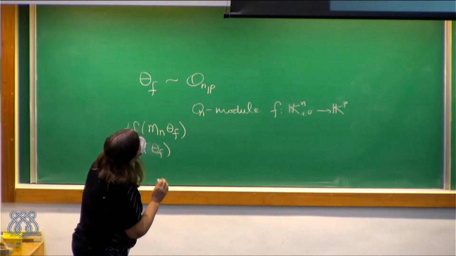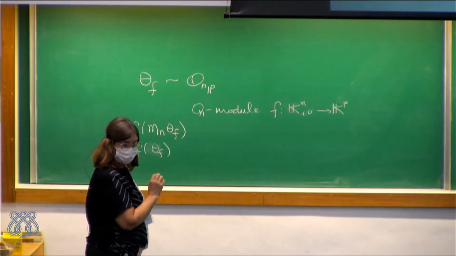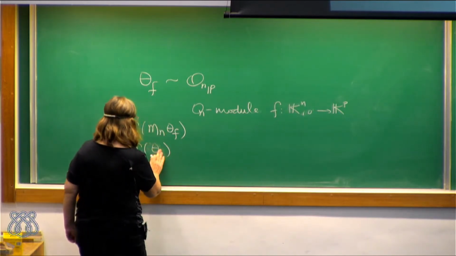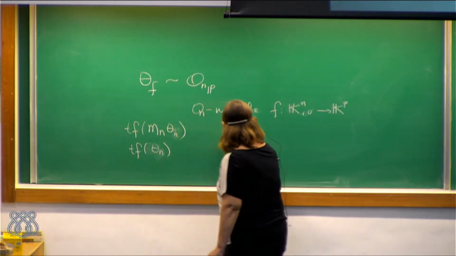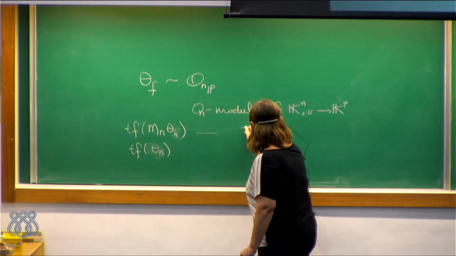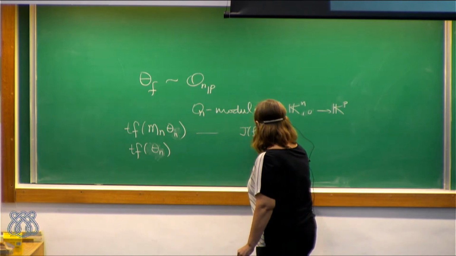Sorry. Here it is M_n theta n. So here we can identify this with J of f.